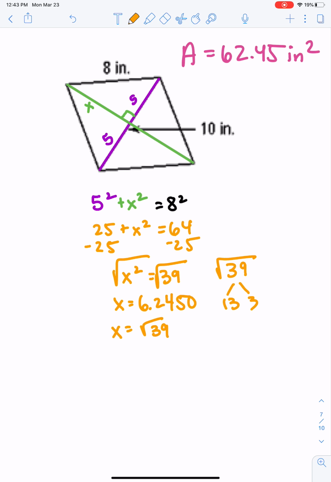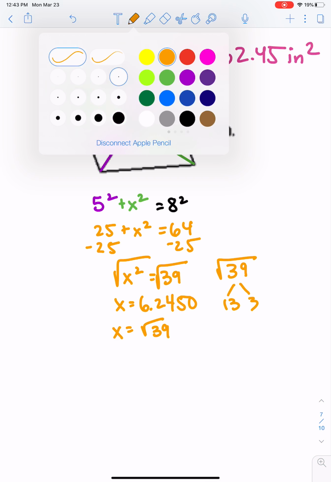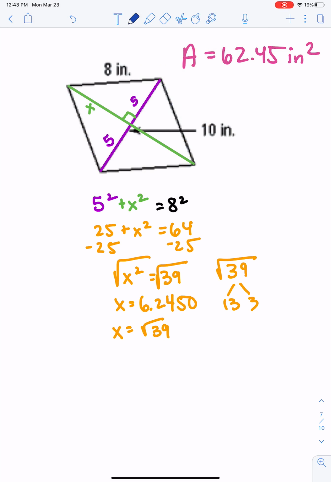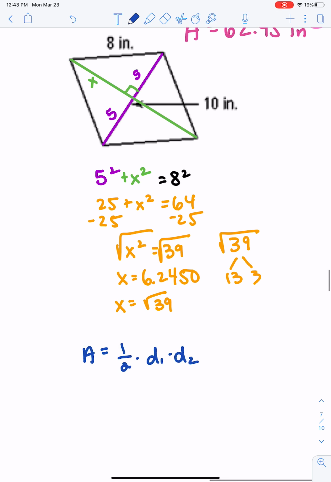So we'd have that. Then we can find the area, which is 1/2 times diagonal 1 times diagonal 2. So the non-ACT method would be 10 for the diagonal, and then 6.2450.